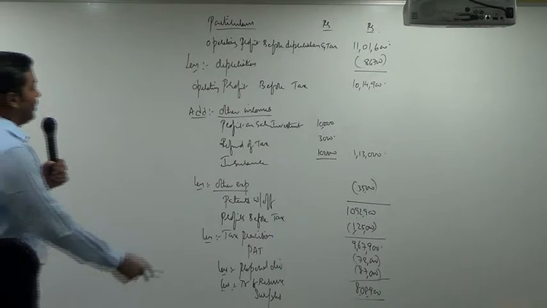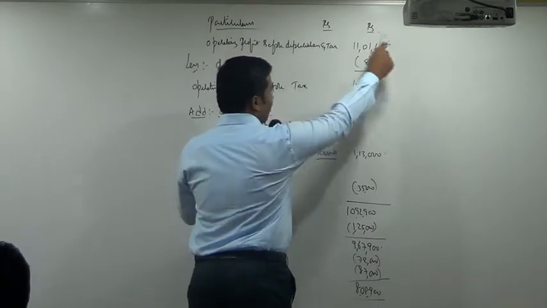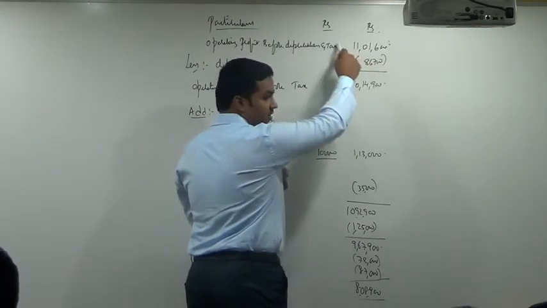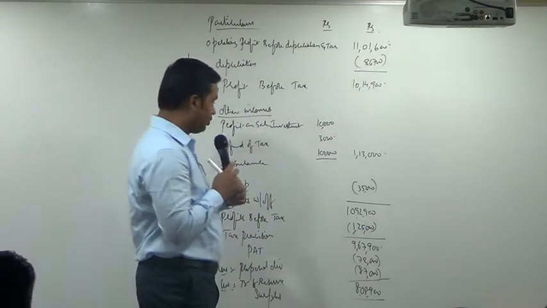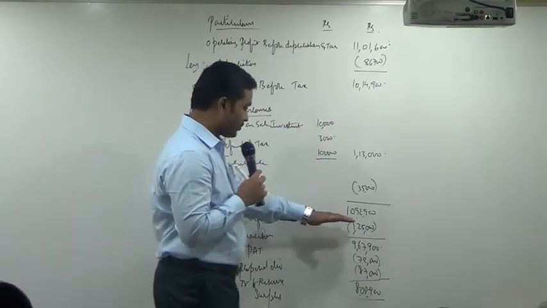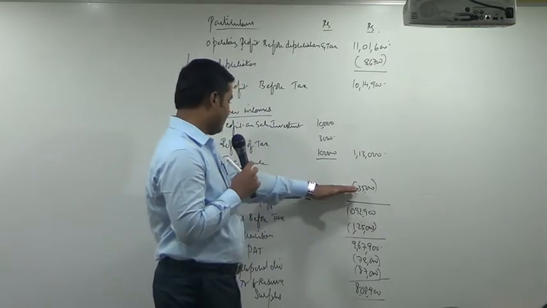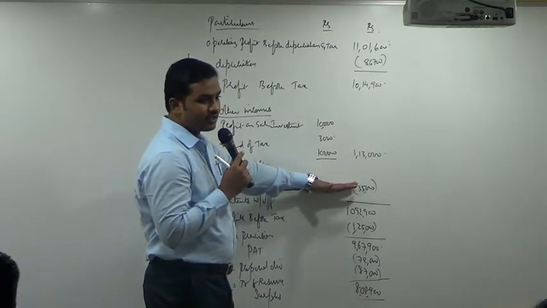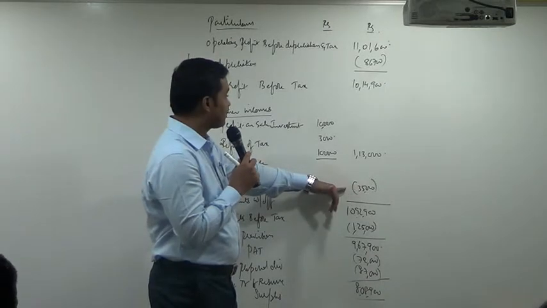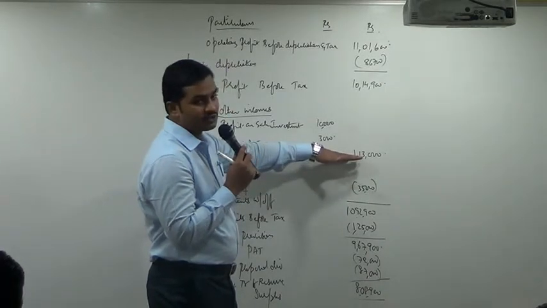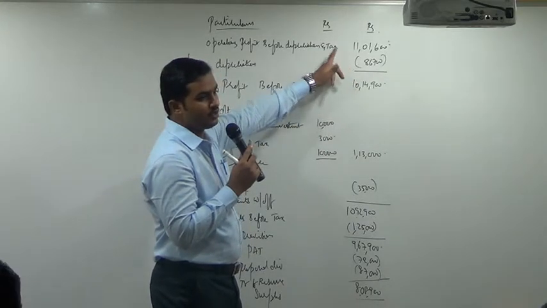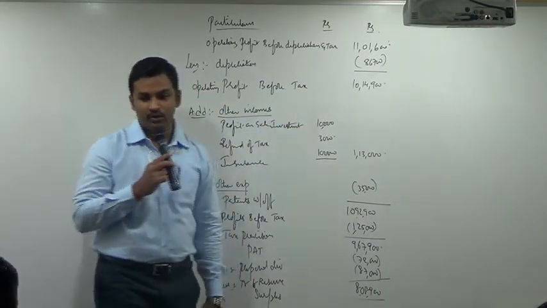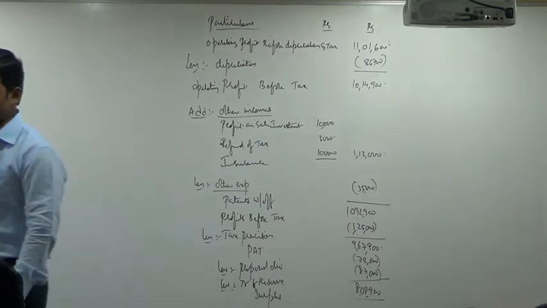We already know operating profit before depreciation and tax. This we can straight away take in the cash flow statement. But normally we start with profits before tax, add non-cash, non-operating expenses, subtract non-cash, non-operating income, and add depreciation to arrive at operating profits before depreciation and tax.